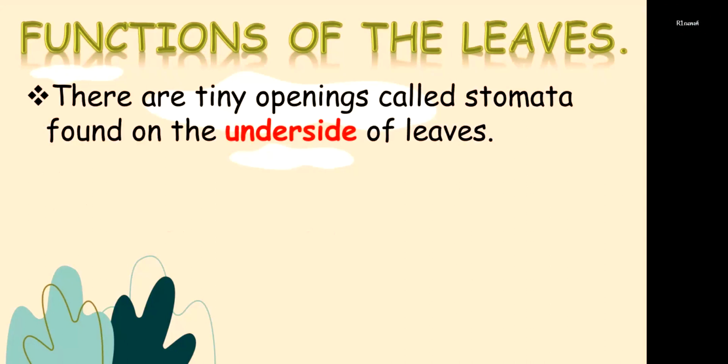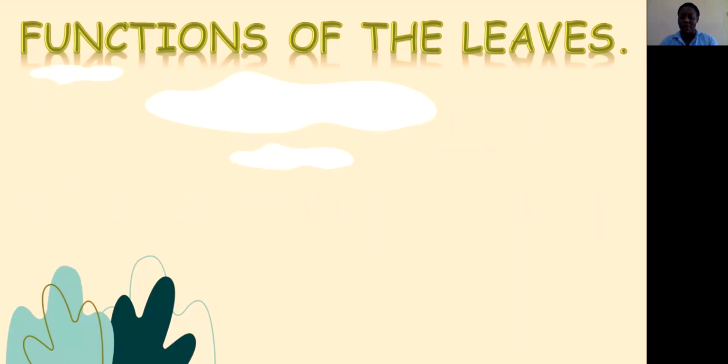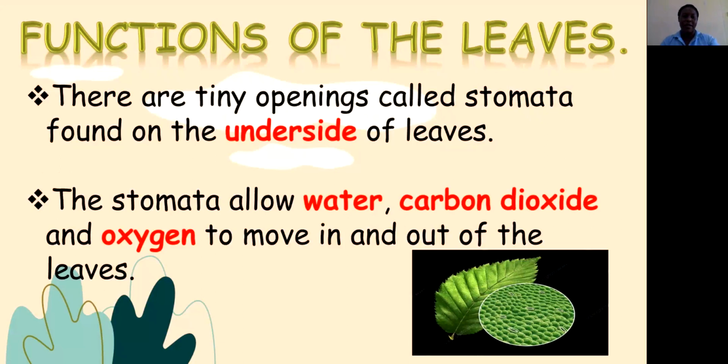Okay, functions of the leaves. On the leaves, there are tiny openings called stomata. On the leaves, what you are supposed to know all about the leaves. You can see my leaf here at this side. We have a picture of a leaf.